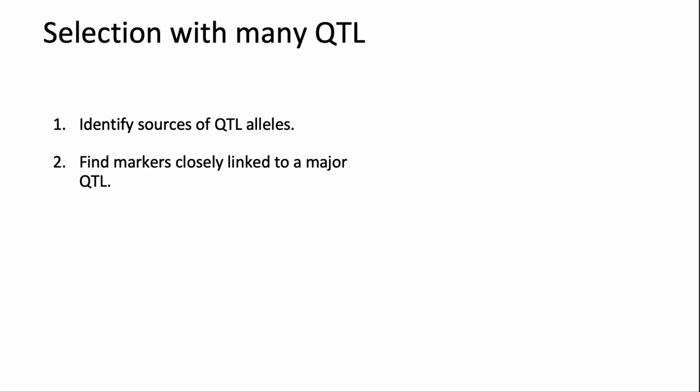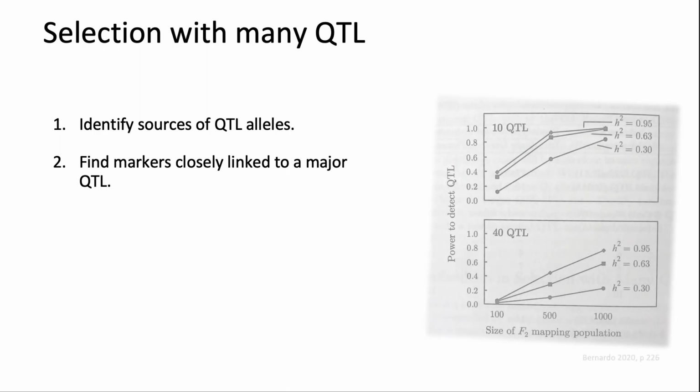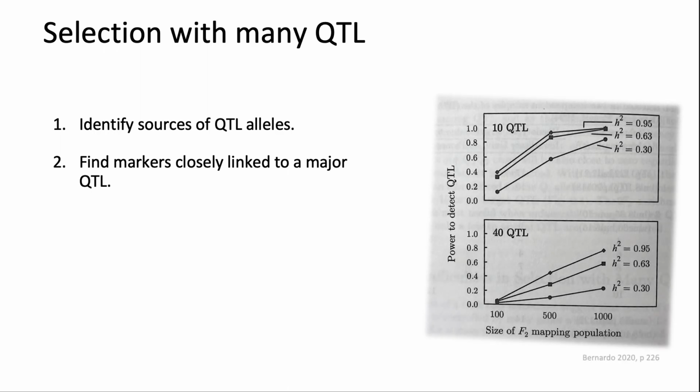The second point is to find the markers that are in LD with the QTL. Also, it's challenging when we have a lot of QTLs, because when a trait is controlled by several QTLs, the power to detect all of them is going to be small.